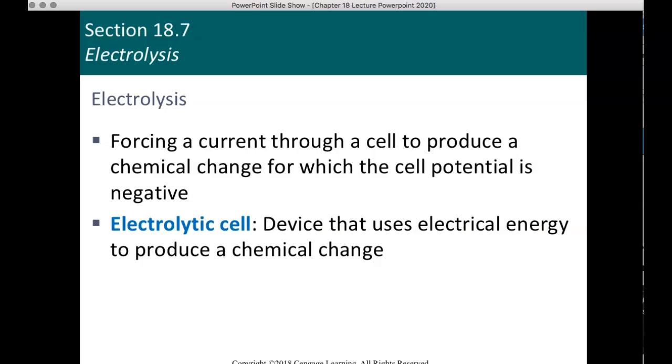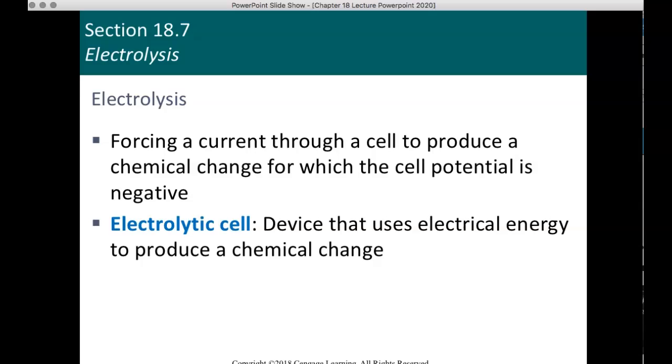So in the first part of the chapter, we talked about how we can use chemistry to produce electricity. And we know that in a galvanic cell, also sometimes known as a voltaic cell, we use a spontaneous reaction that will produce electricity. So electrolysis is the opposite of that. It's using electricity to make a chemical reaction take place.